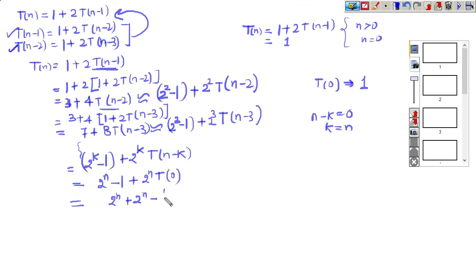This is actually t of 0 equals 1. So I have written this term here, and 2 power n minus 1. This is 2 into 2 power n minus 1, you can write like this. Now our objective is to look at the highest order term, and that gives us our running time. So here this is big O of 2 power n.